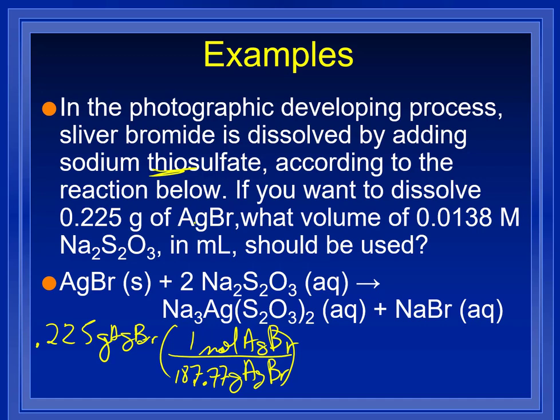And then my balanced equation, I can go from moles of AgBr to moles of sodium thiosulfate, Na2S2O3. And in my balanced equation, there's a 1 in front of AgBr, there's a 2 in front of the thiosulfate.